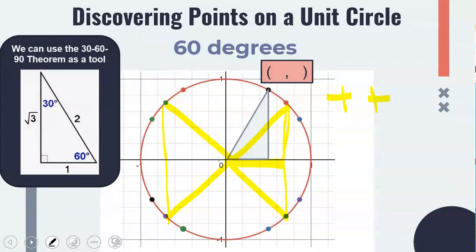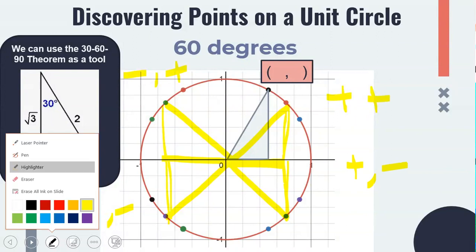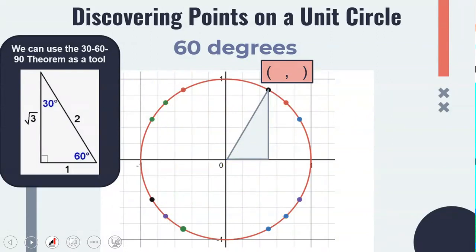In quadrant 2, X is negative, but Y is positive. In quadrant 3, X is negative, but Y is negative. In quadrant 4, X is positive, Y is negative, right? So we can take that coordinate root 2 over 2, root 2 over 2, and just change the signs. The last one we can do is our 60-degree triangles that we just went over, right?